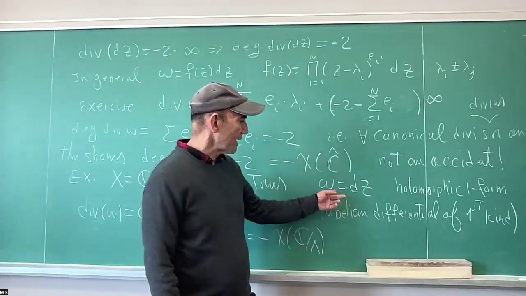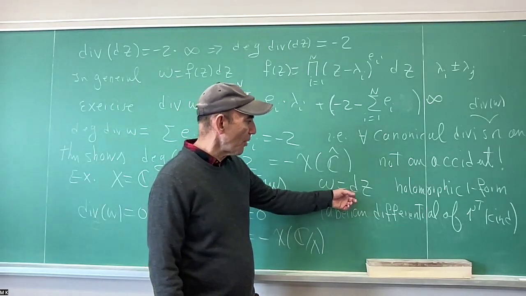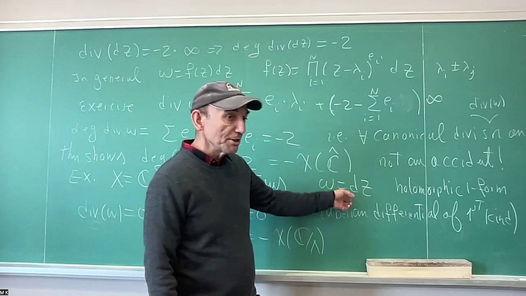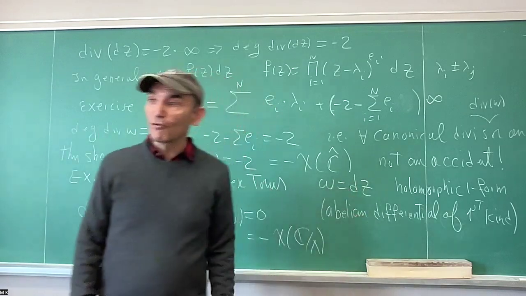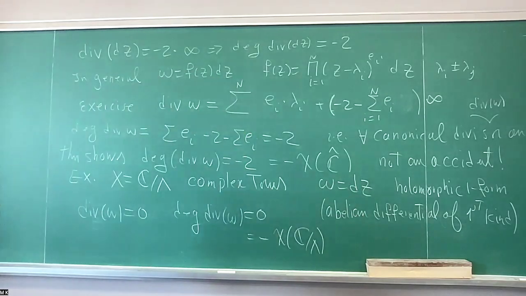By the way, the fact that omega equals dz is a holomorphic one form, I mentioned this. The dimension of the space of holomorphic one forms is the genus of the curve. That's one of the things that we will prove soon. The Euler characteristic is 2 minus 2g, and g in this case is 1. Exactly.